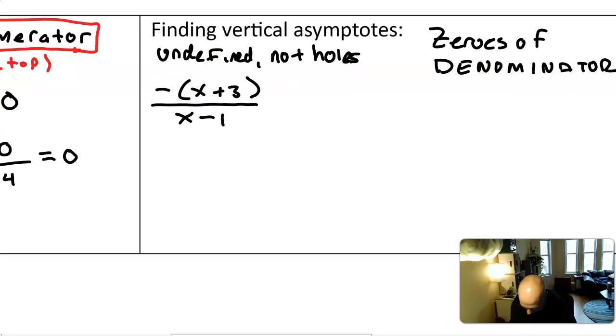So for these vertical asymptotes, again, I'm using the reduced version. I already got rid of the holes. And now I'm just looking at the denominator, and I notice that x minus 1 is in the denominator. So I need that factor equal to 0. So I need x to equal 1 will be a vertical asymptote, or VA.